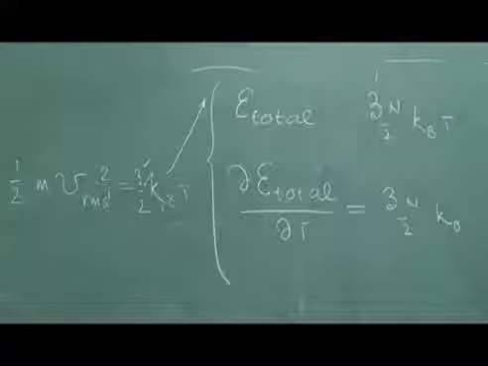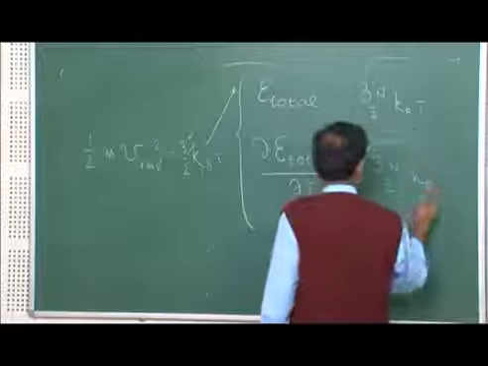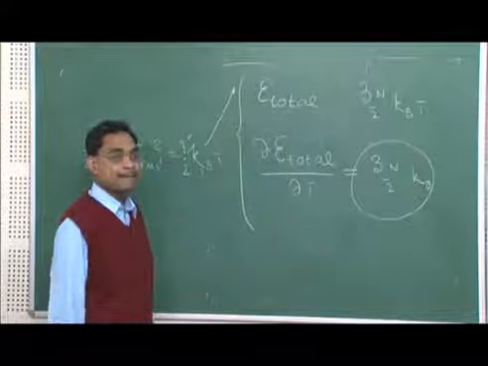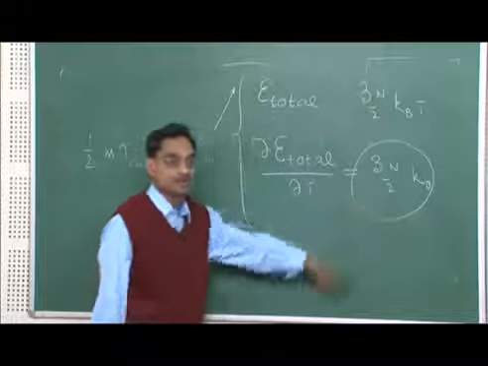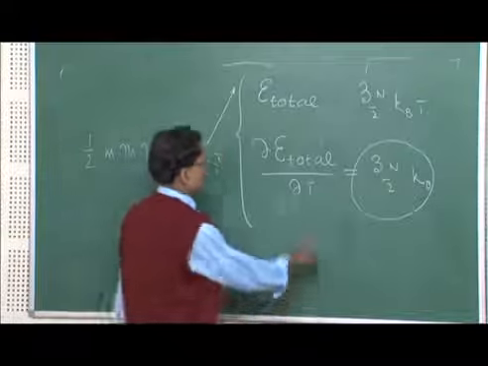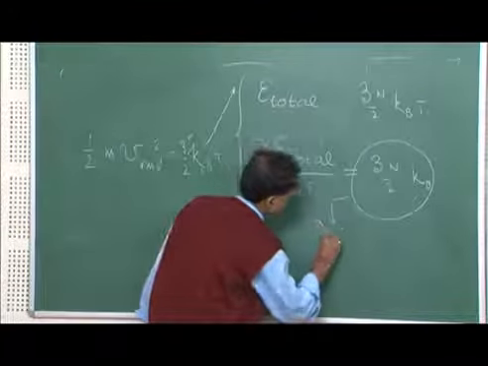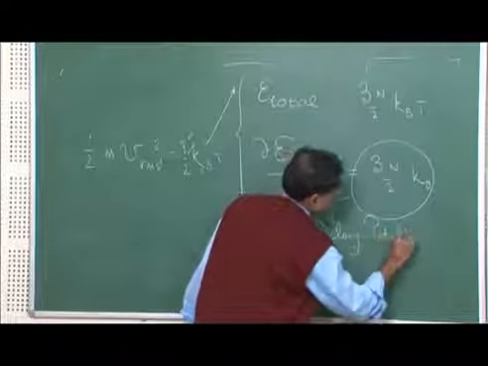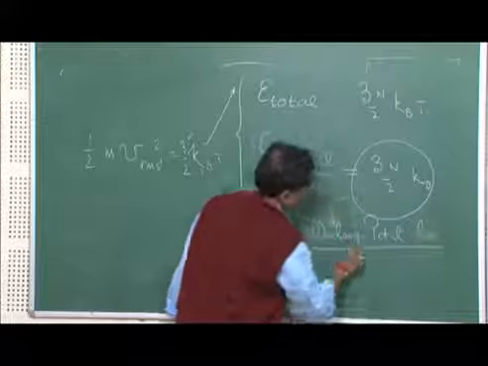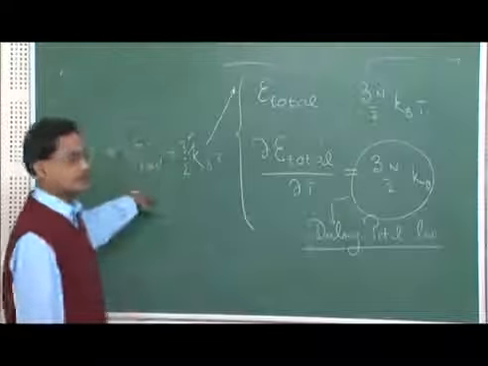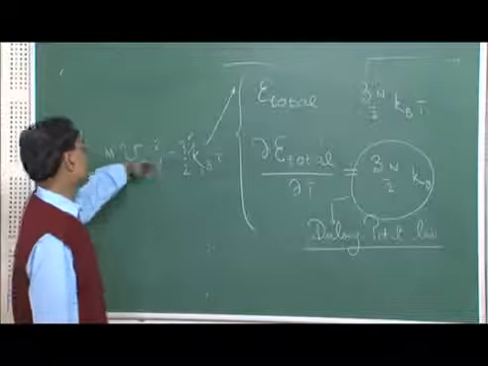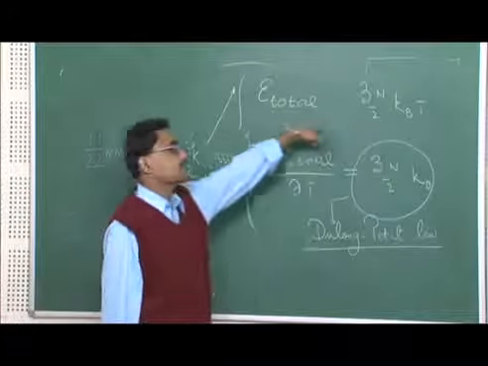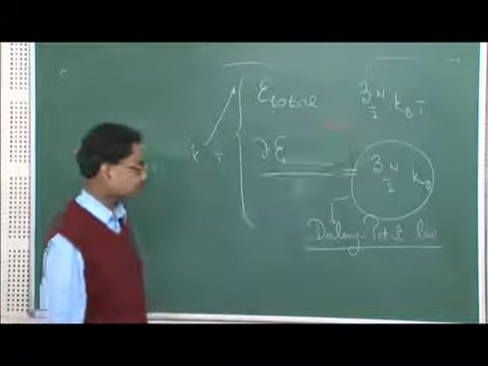You find this formula, which immediately gives me 3/2 N k. This is called Dulong-Petit's law. It follows immediately from this expression of the total translational kinetic energy of the system.